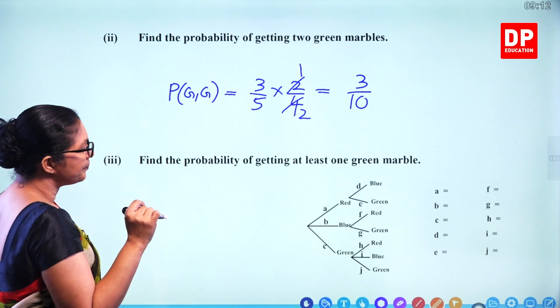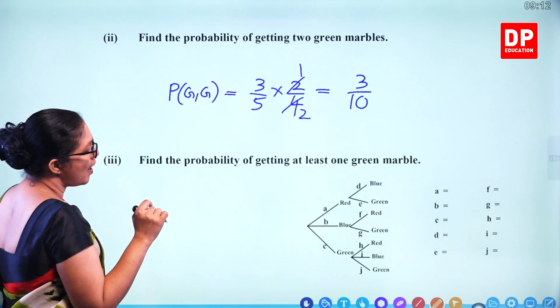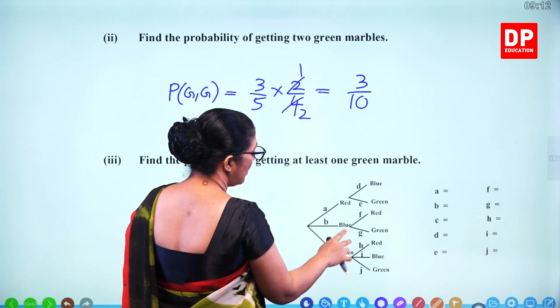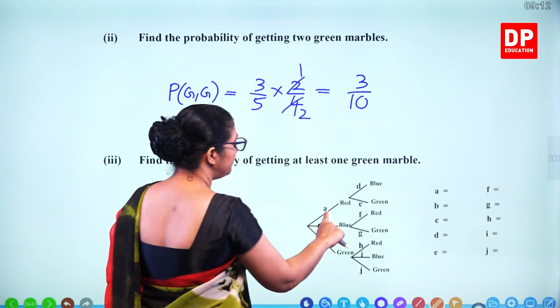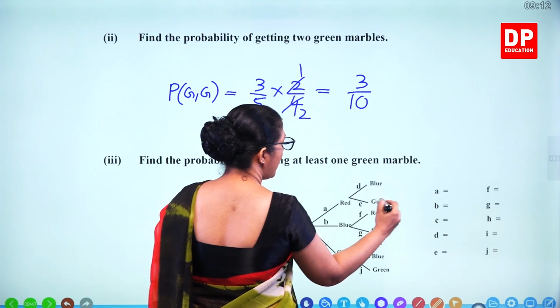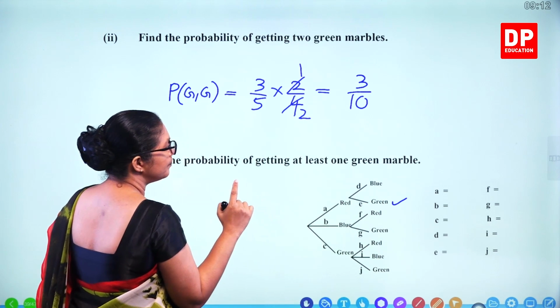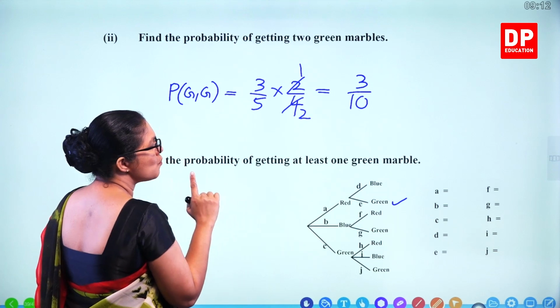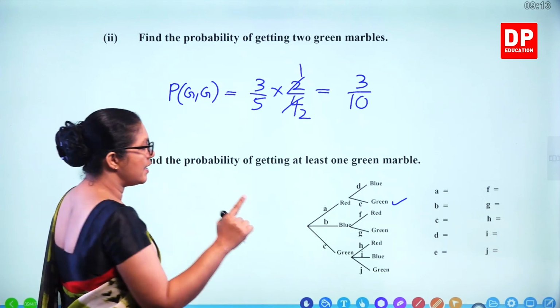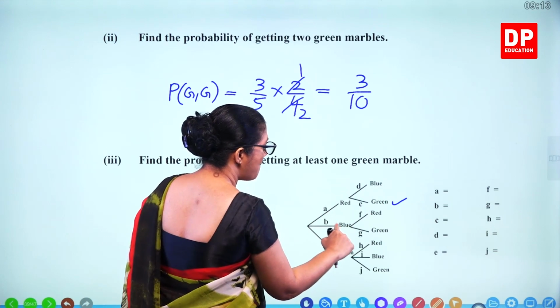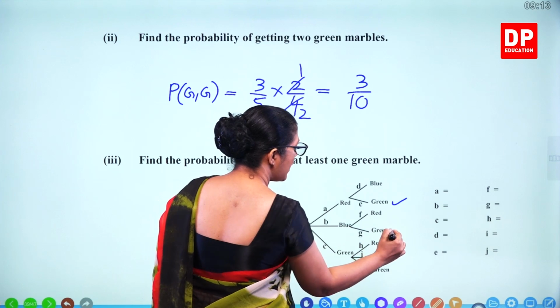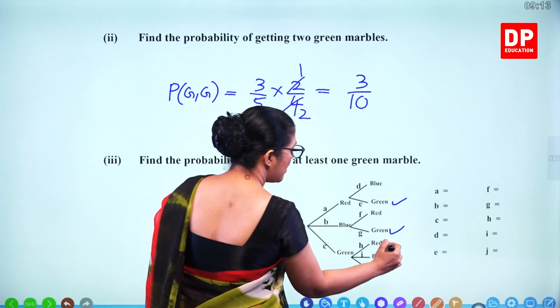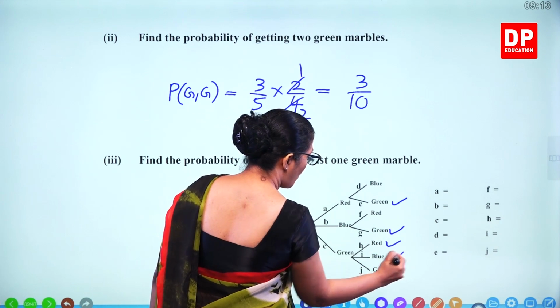1 green. 1 green means it can be red-green. At least 1 means 1 green or more than 1 green. Red-green is okay. Blue-red can't. Blue-green is okay. Green-red, okay. Green-blue, okay.